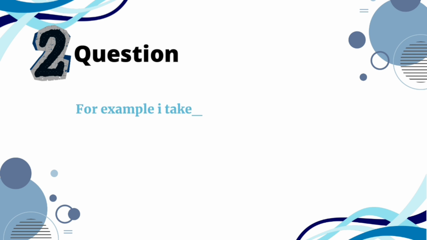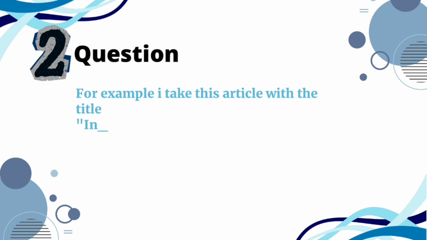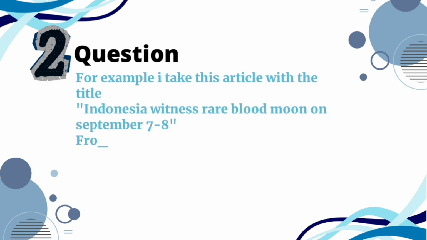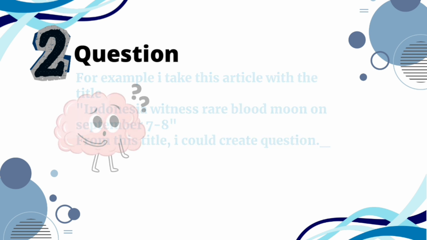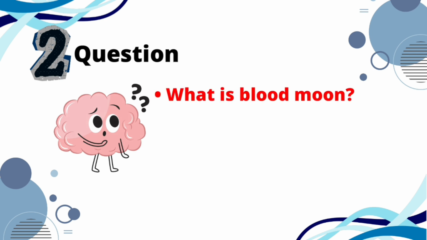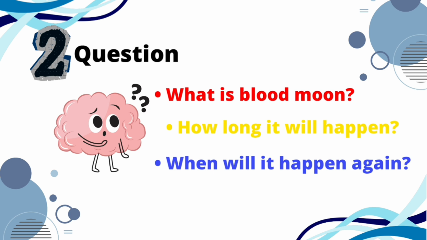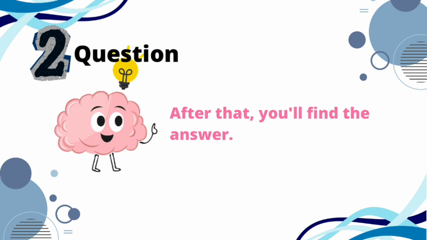For example, I take this article with the title Indonesia witnessed rare blood moon on September 7 to 8. From this title, I could write questions such as what is blood moon, or how long it will happen, and when will it happen again. After doing so, you will find the answer.